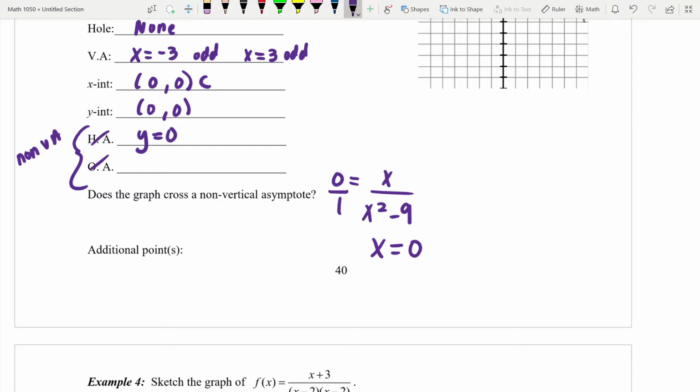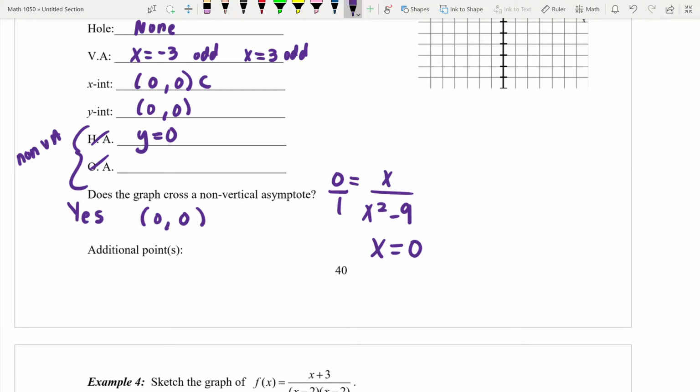If you get x equals anything that works out, it's a yes. So yes, it does cross it. Where does it cross it? When x is 0. How do you figure out the other value? You can store a 0 in your calculator and plug it in, but this one's easy because we already found out on the x and y intercepts that if x is 0, then y is 0. So it's going to hit it at 0, 0.